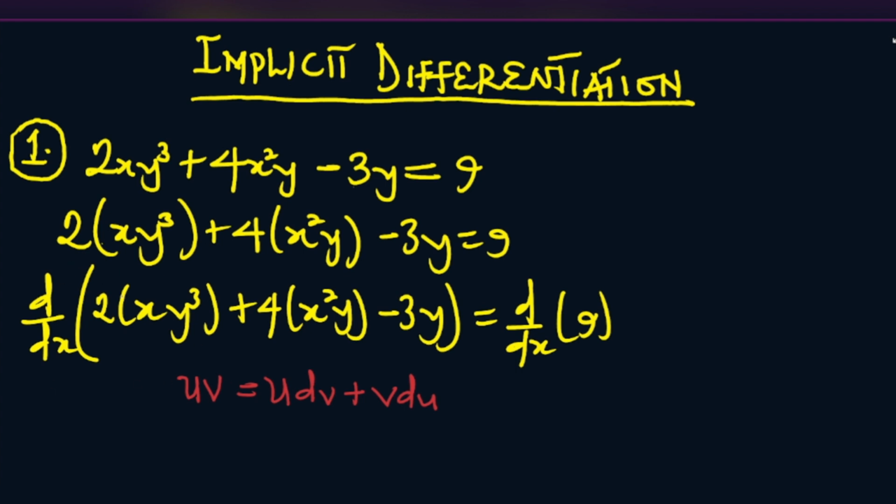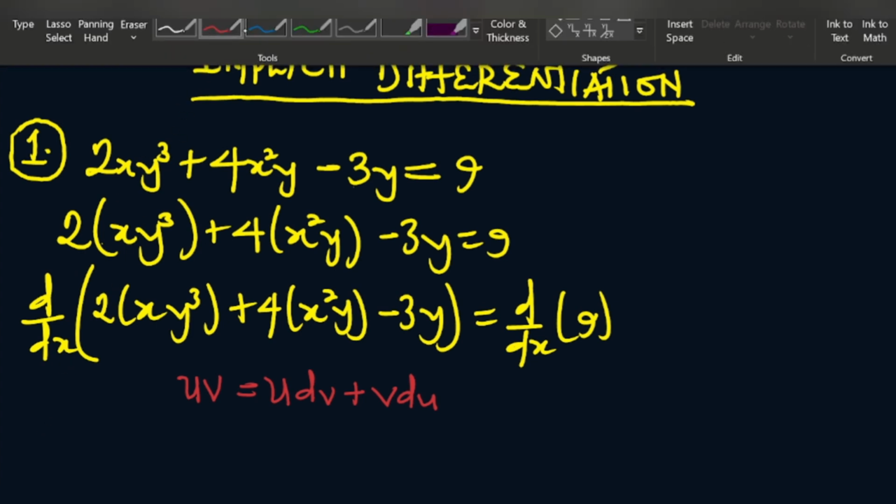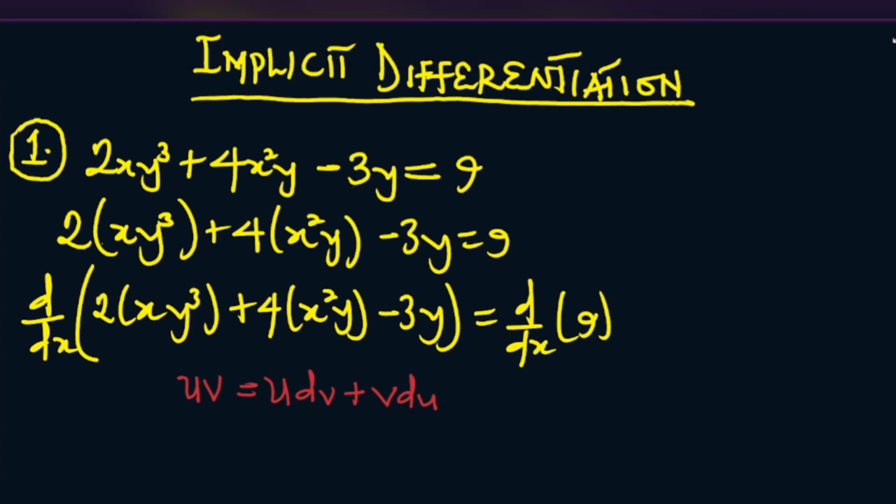Then how do we differentiate this? We then have 2 into x, which is our u. Keep u, then differentiate v. What's our v? y cubed.